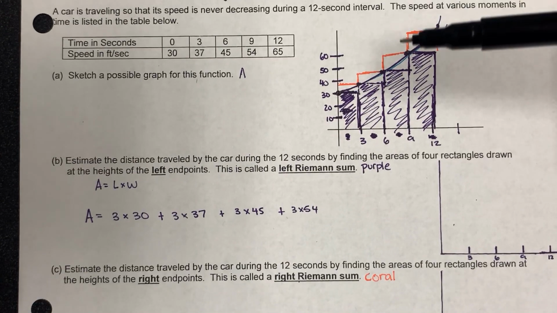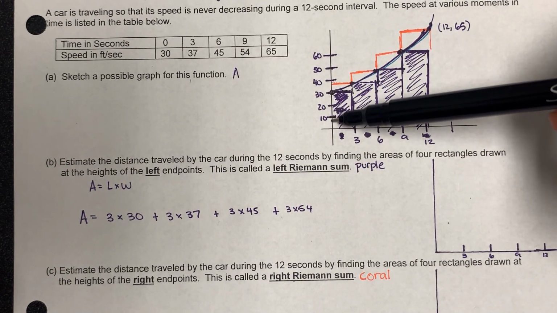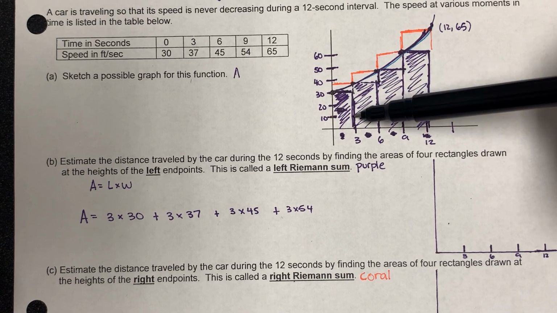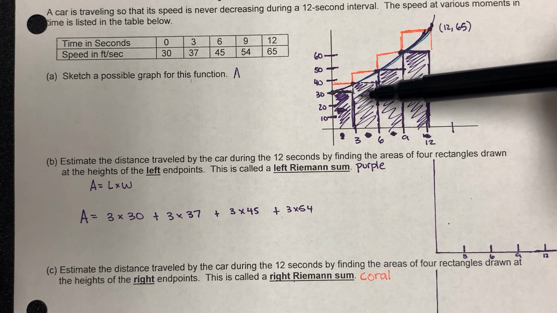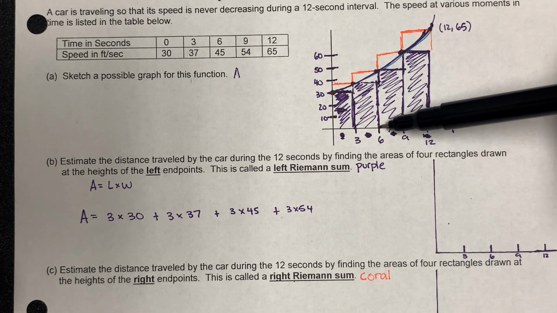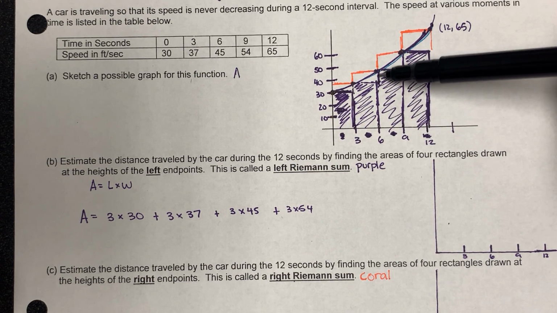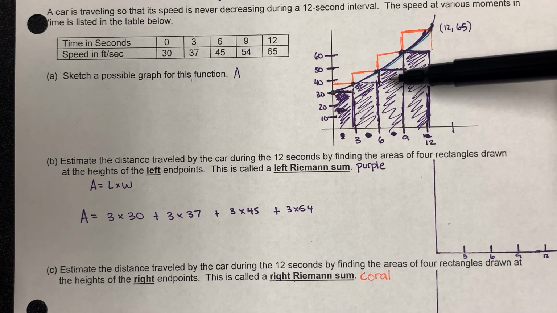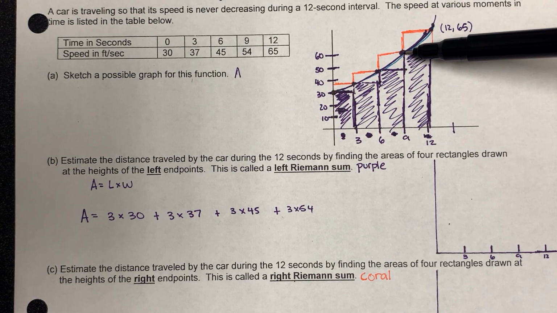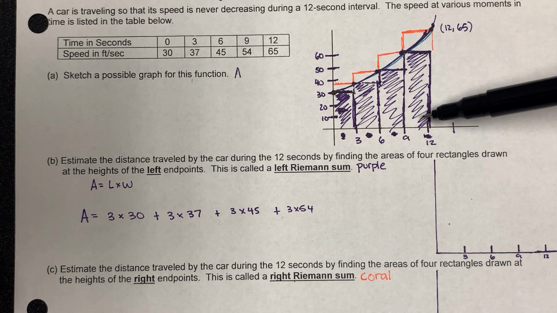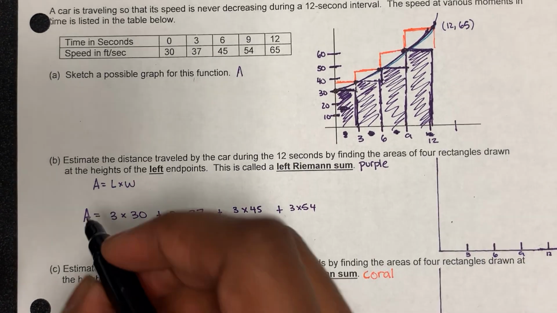So if we're looking at our graph, that's 3 times 30 for this rectangle, 3 times 37 for the second rectangle, 3 times 45 for the third rectangle, and 3 times 54 for the fourth rectangle.